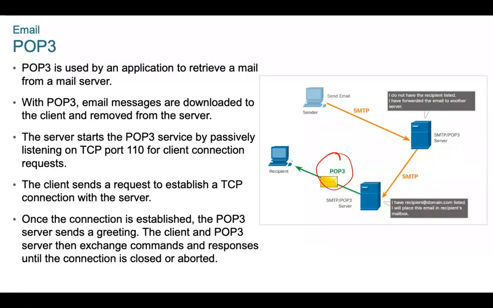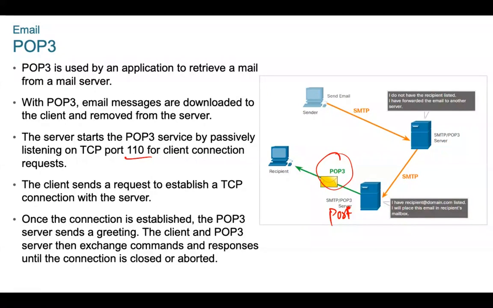When the server starts the POP3 service by passively listening on the TCP port, it uses port number 110 for delivery. For SMTP, to receive the email, it uses port number 25.